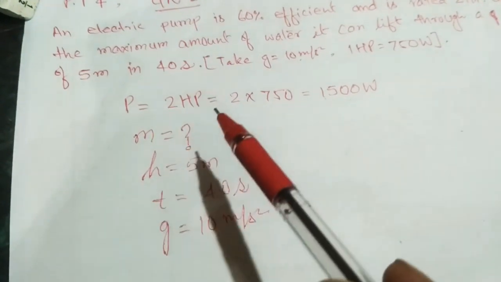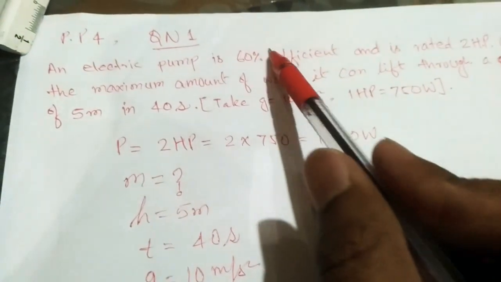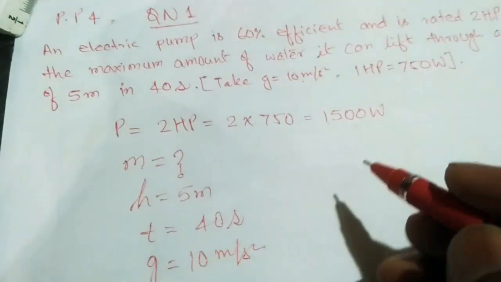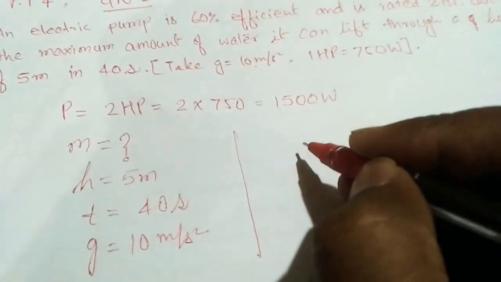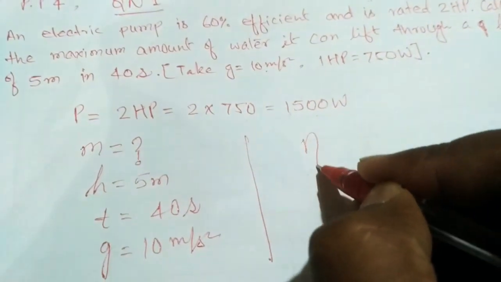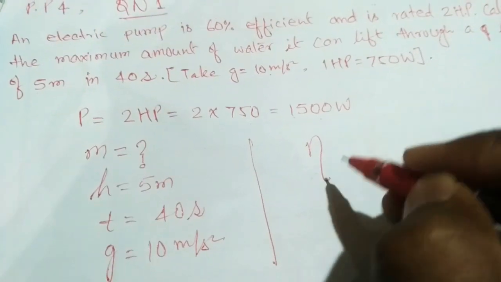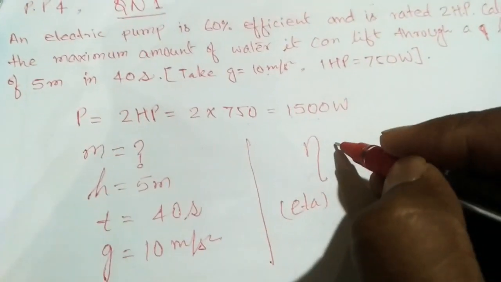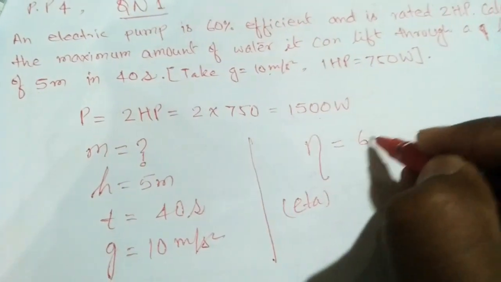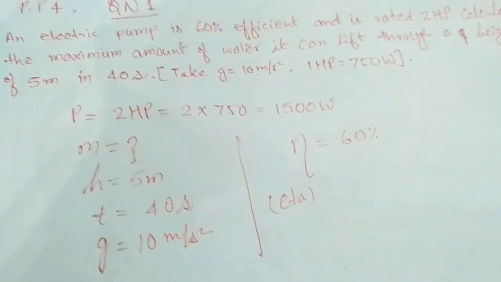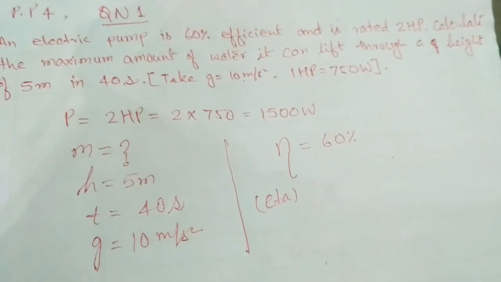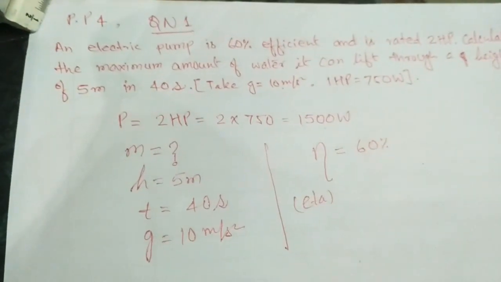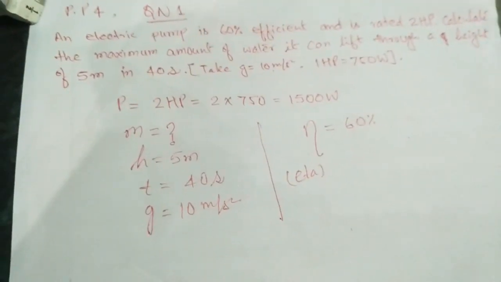So again, what I said, if the efficiency is given, the efficiency has a symbol you may not know, but you come to know here now. The efficiency has this symbol. It is called eta. So efficiency eta is equal to 60%. So what I told you, first find the work done, then convert into its percentage value.